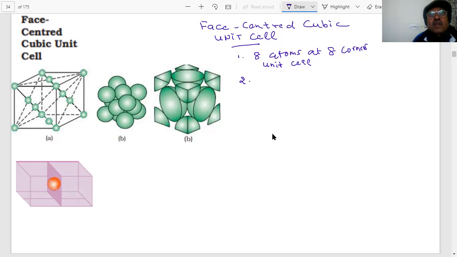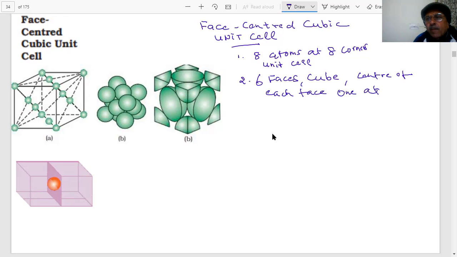If I am sitting in a room, I count 1, 2, 3, 4, 5, 6 faces of the cube. There are 6 faces of the cube, and at the center of each face, students, what do you have? One atom. At the center of each face, you have one atom, students.